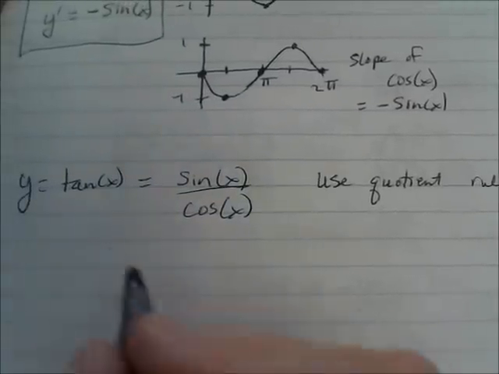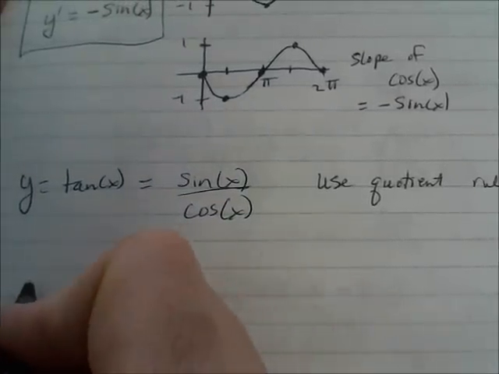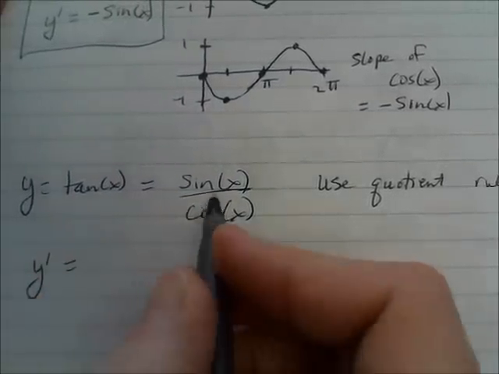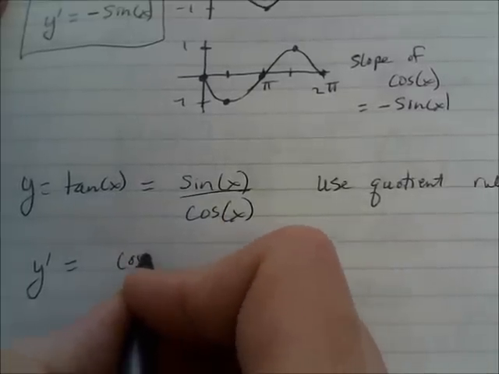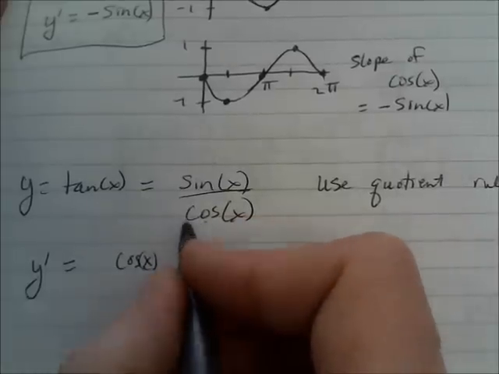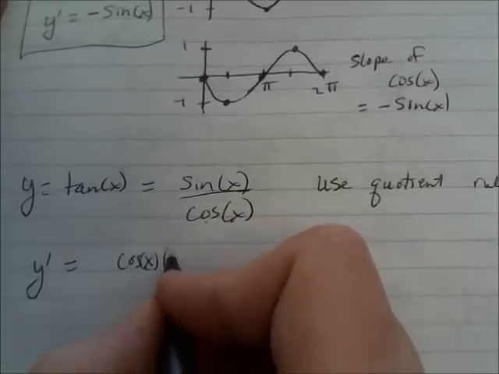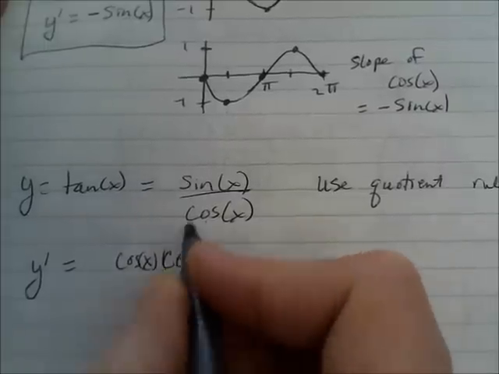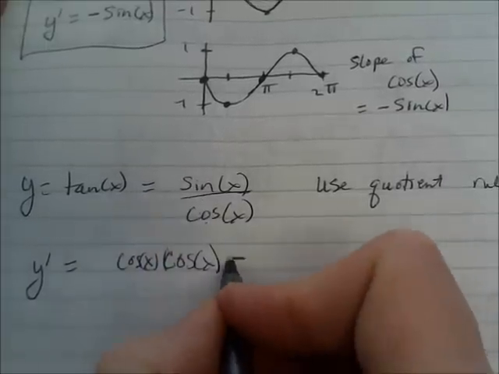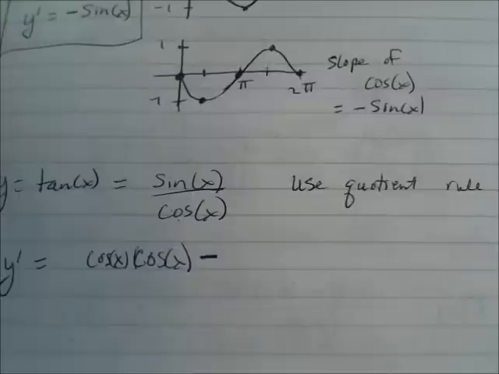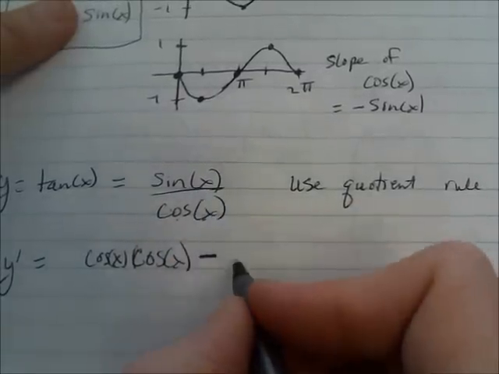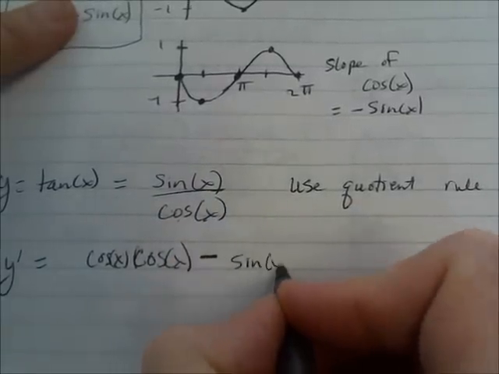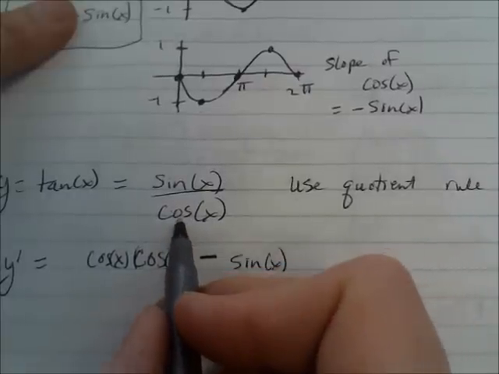So the quotient rule says y prime is equal to the derivative of the top, which is cosine of x, times the bottom, which is cosine of x. Cosine times cosine minus the top function, which is sine of x, times the derivative of cosine of x.